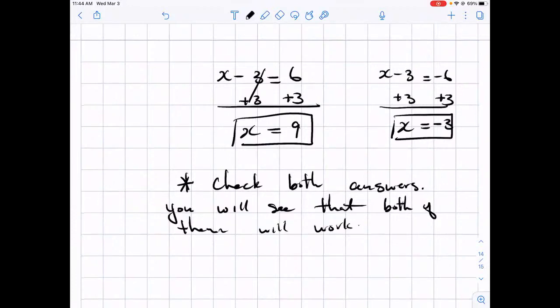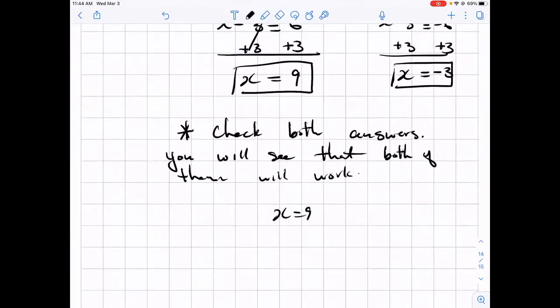So the answer is x equals 9 and x equals minus 3. So here are your two answers.